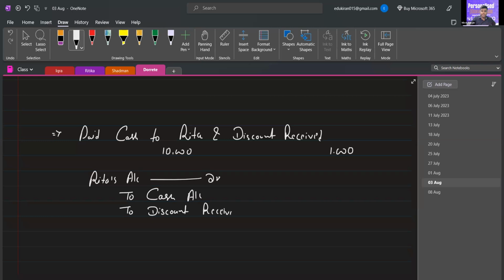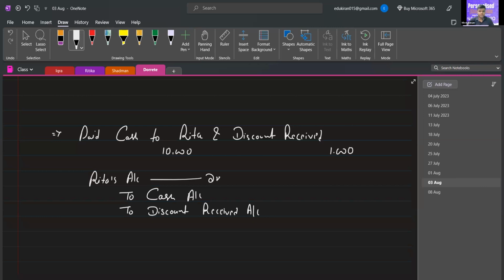Whenever you write discount received and discount allowed, you don't combine these two in a single ledger. Sometimes students write discount on the debit side and discount on the credit side, so they open a common account for both discount received and discount allowed, which is incorrect.